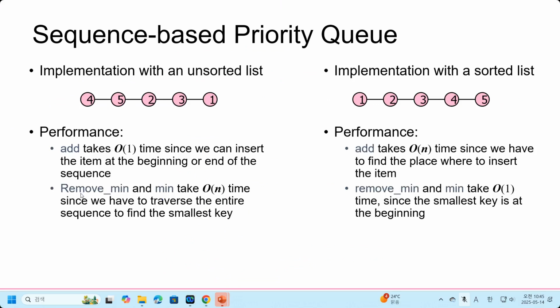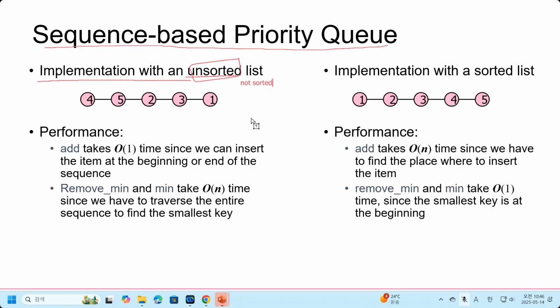There are two kinds of priority queue. The first is the sequence-based priority queue. The first implementation is with an unsorted list. Unsorted, what does it mean? It is not sorted.